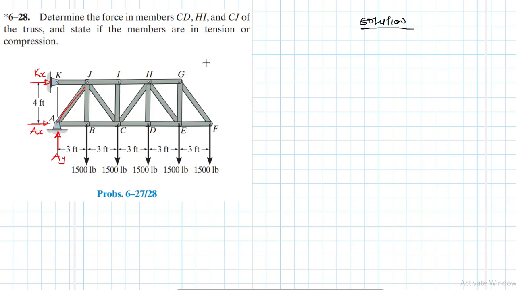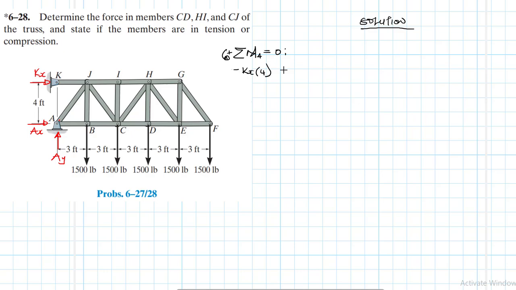So let's do the work quickly. I'm going to take moments about point A. So I'll say summation of moments about point A equal to 0. What do we have? About point A, I have KX, which is going to give me a negative moment, KX by 4, clockwise.